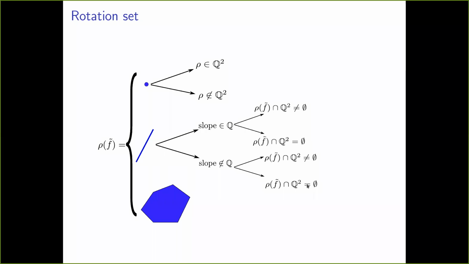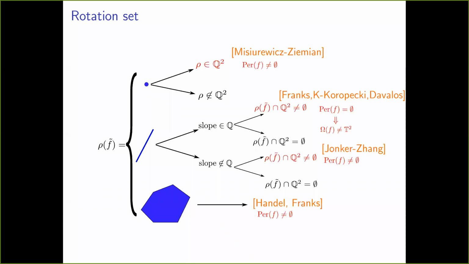Okay, and so what I want to understand is in which cases there are periodic point free homeomorphisms in these different classes. Okay, so the first one here: if the rotation set is just a point, and this point is rational, then you have periodic points.